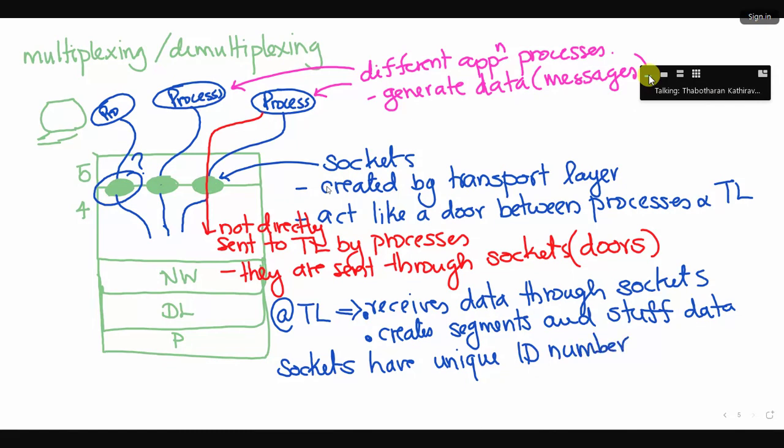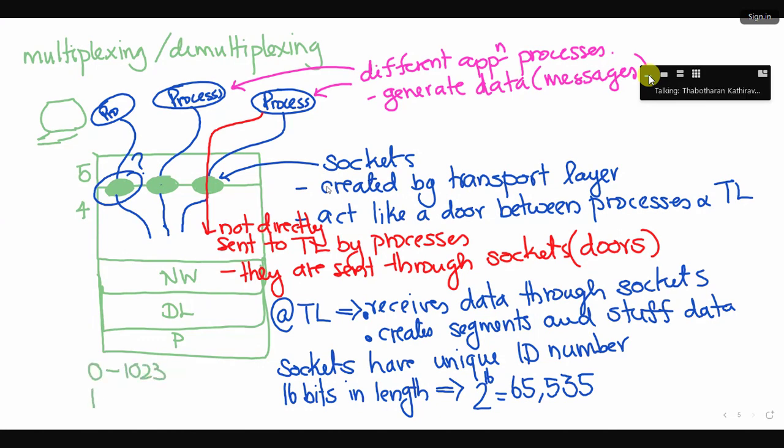These ID numbers are 16 bits in length, and that gives us 2 to the power 16, which is 65,535. Out of this, some are well-known port numbers, 0 to 1023, and 1024 up to 65,535 can be used by applications.